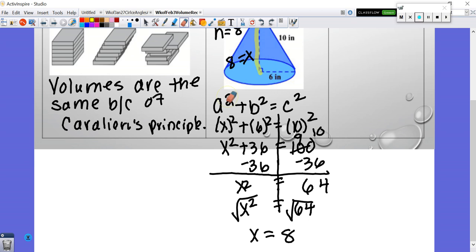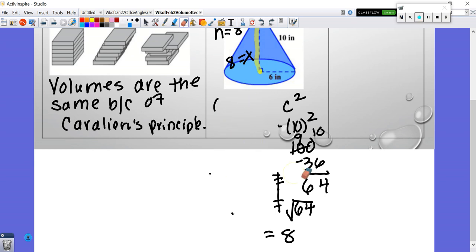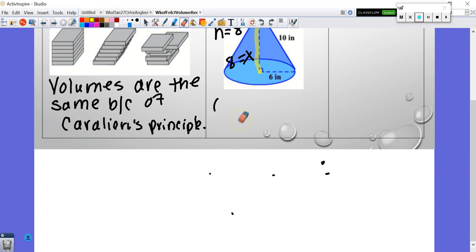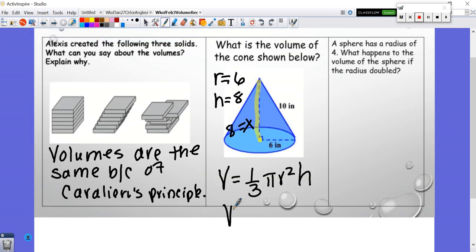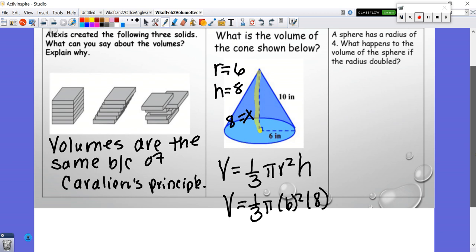So now I can find the volume. So let's go and make that do what it do. So here volume equals, and since this is a cone, 1/3 pi r squared times height. You do not have to memorize this formula. This formula is on your formula sheet, sweethearts. So volume is 1/3 pi 6 squared times 8.